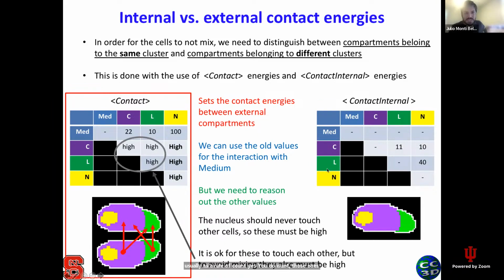Here, those three energies are setting those three arrows: cytoplasm, lamellipodia with lamellipodia, and the cross between different lamellipodia with different cytoplasm. So usually you want those high.